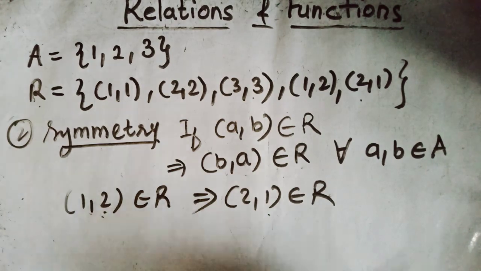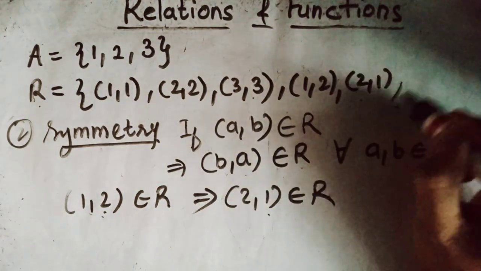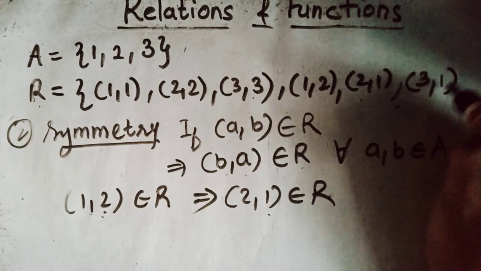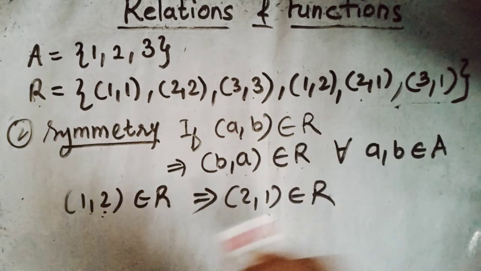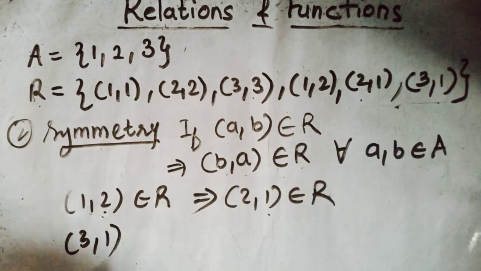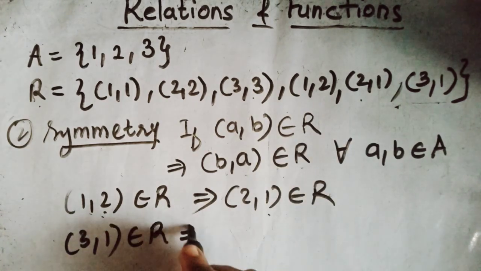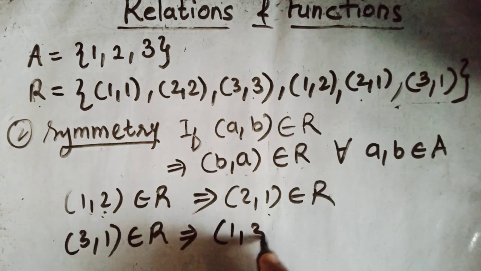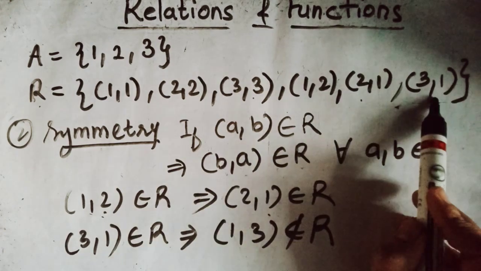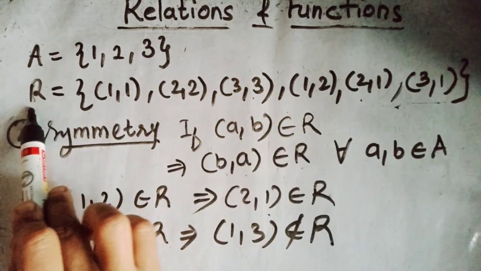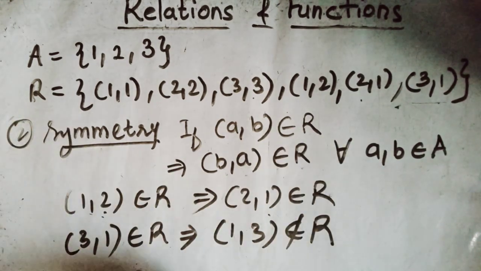Suppose we had one more element here. Suppose I am taking (3,1). Now you have to check for the symmetric element of (3,1). (3,1) belongs to R, but (1,3) does not belong to R. So this one element makes this relation R not symmetric.